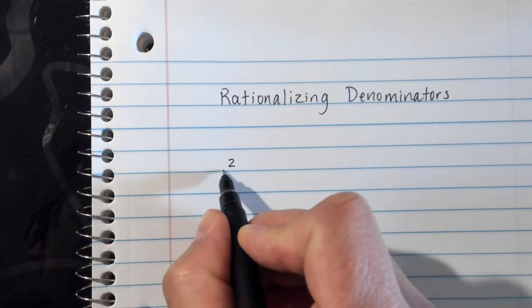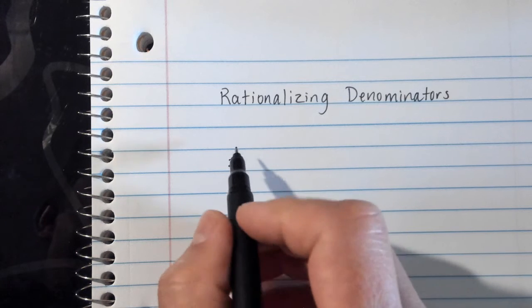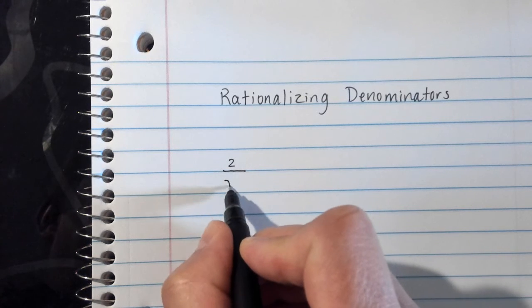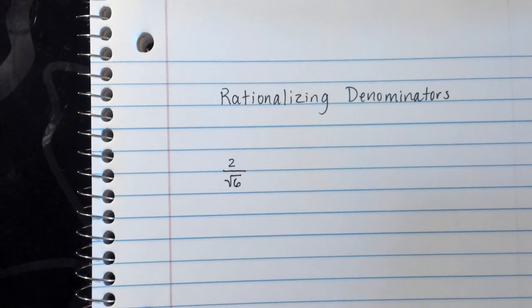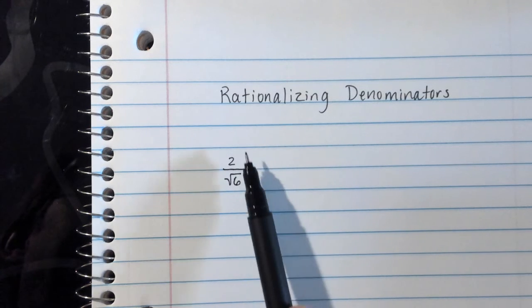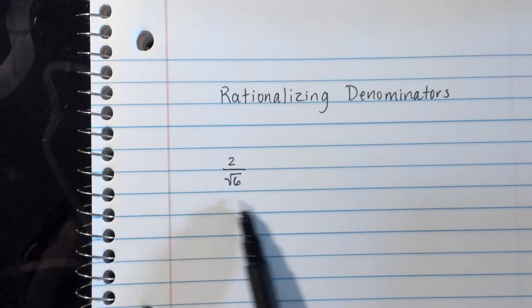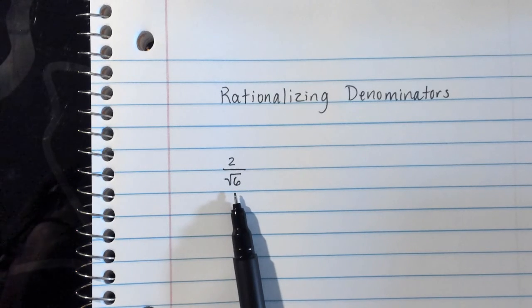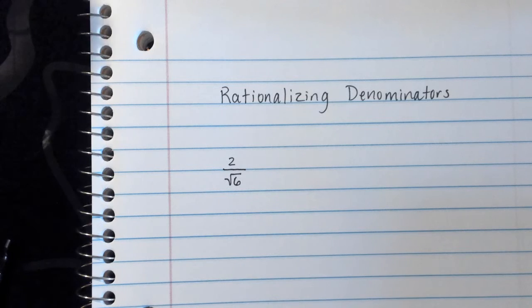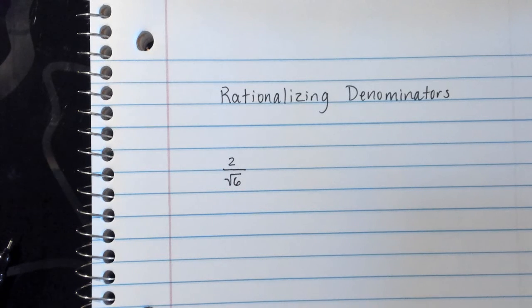So let's say you're doing sine, cosine, tangent, and you end up with this as your answer. Like I said in a previous video, some teachers, some professors, some books think that this is perfectly acceptable. If your teacher doesn't, here's what you do to rationalize the denominator.